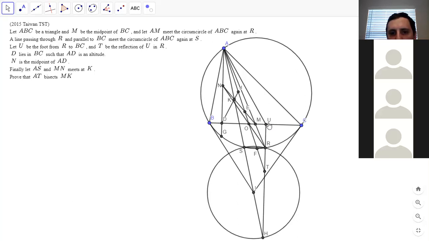Okay, so since K is the symmedian point, how do we use that fact?